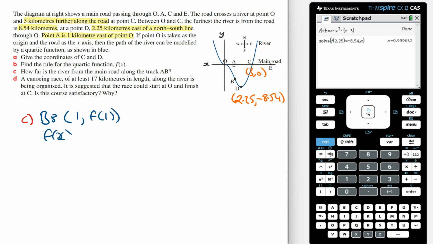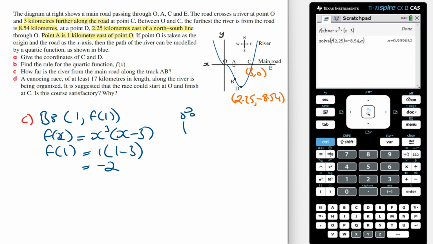We know that f(x) is equal to x cubed times (x - 3). And so f(1) is going to be 1 times (1 - 3), which is equal to -2. And so therefore, the distance of AB is going to be 2 kilometers.